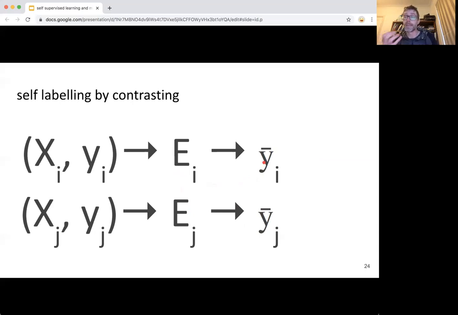For any pair of labels that are the same, all I need to know is that they are the same. And that's a really interesting difference in constraint. I don't need to know what they are, I just need to know that they're the same, because that allows us to represent pairs of these things in a very different way.